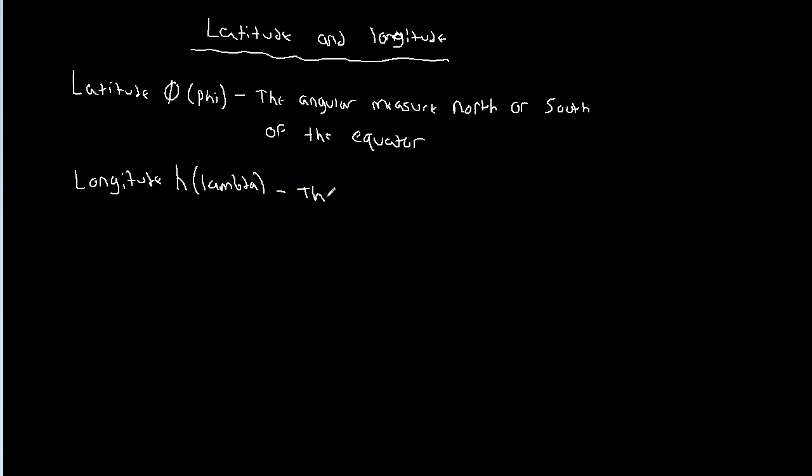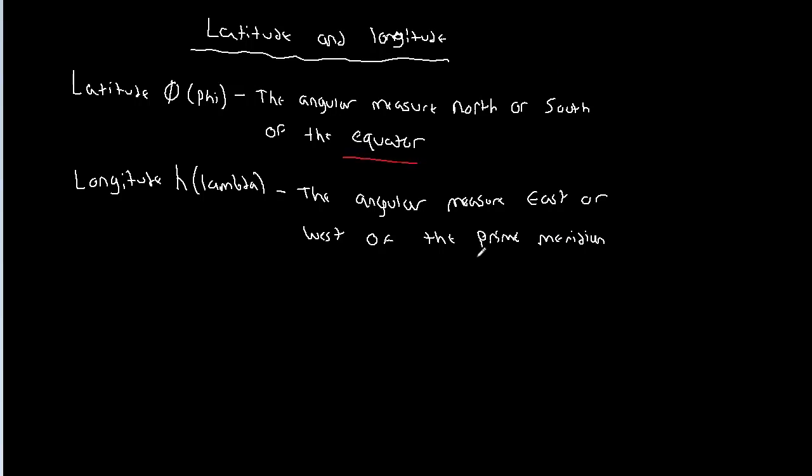So this is the angular measure east or west of the prime meridian. And I'm going to highlight equator and prime meridian, as those are going to be their own terms.